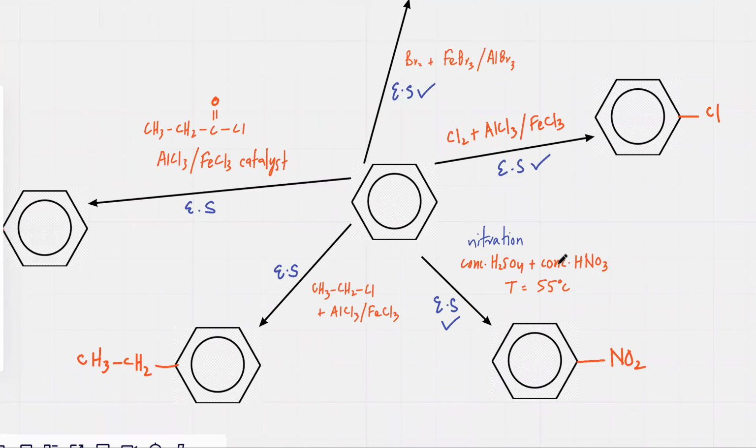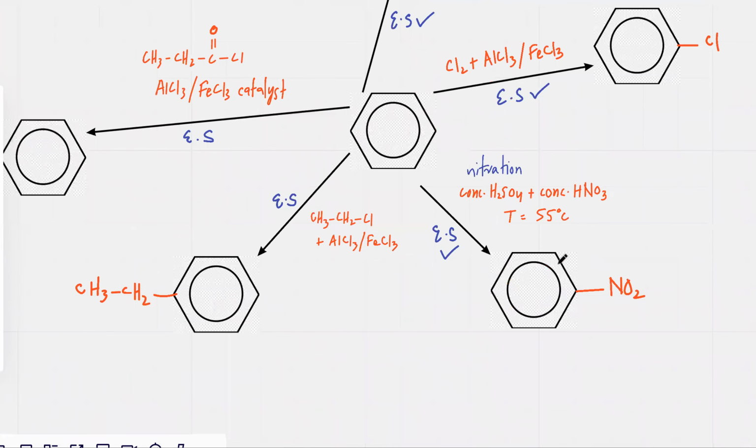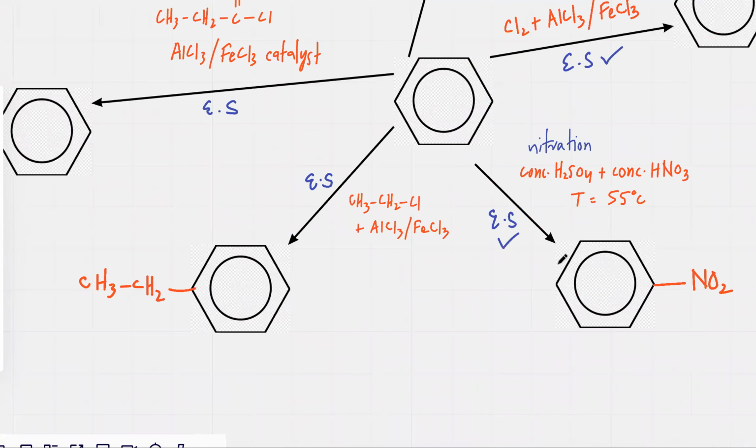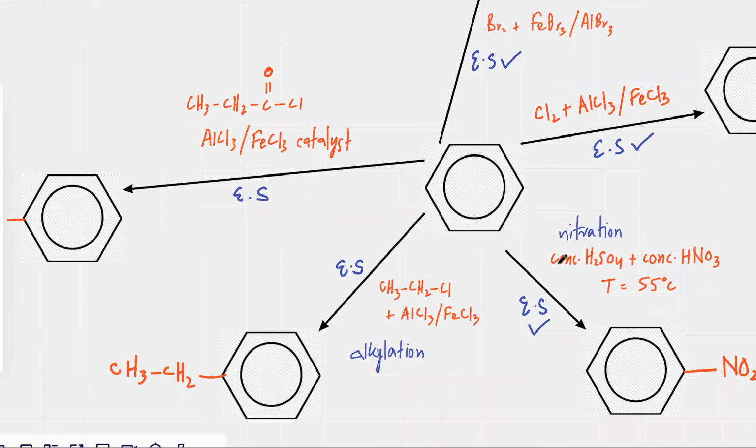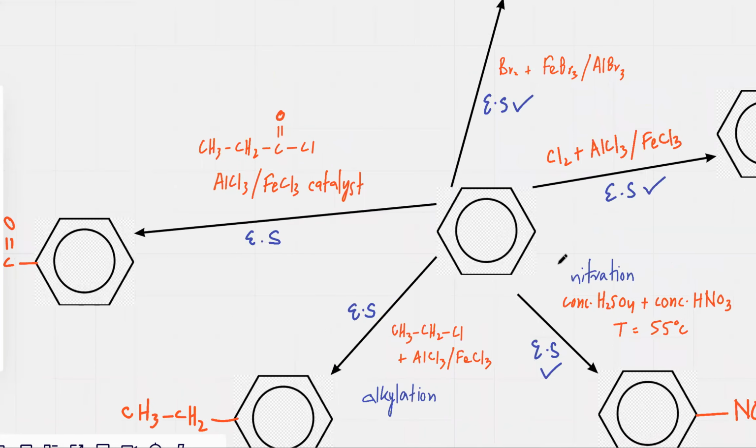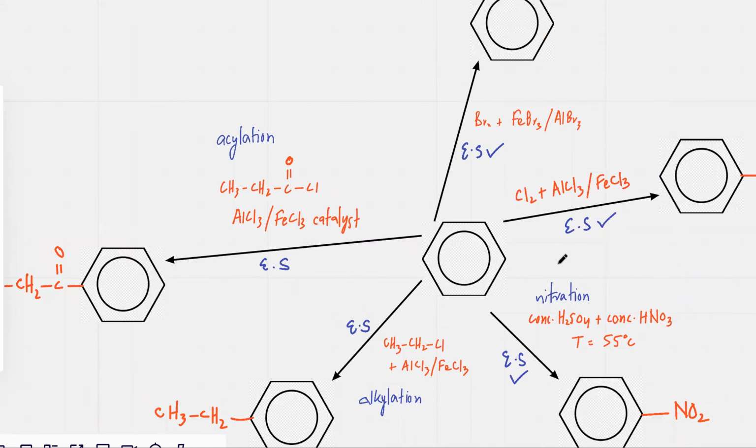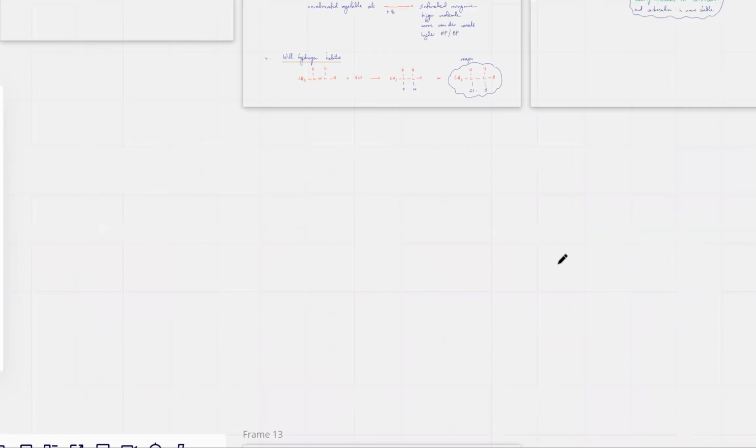This one is known as alkylation, and this one over here is known as acylation. So this is what was going on in the last class.